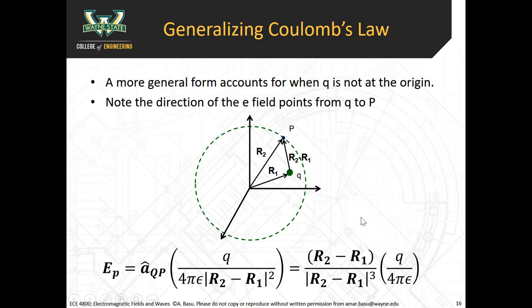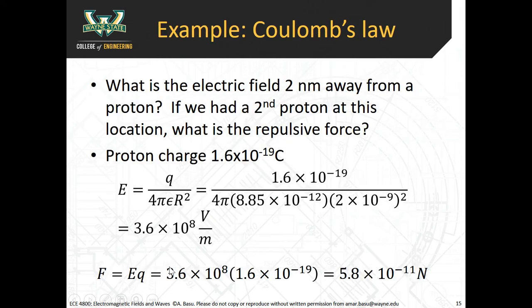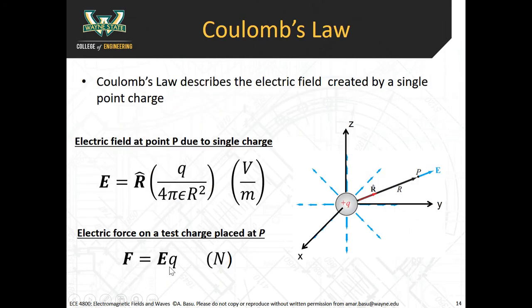The same thing can be done here. Coulomb's law tells us that the electric field vector points in the r hat direction, meaning it points from the charge towards the observation point. That's what this r hat vector points in. And the magnitude depends on the distance between the two points.